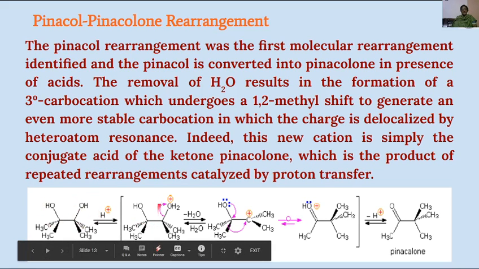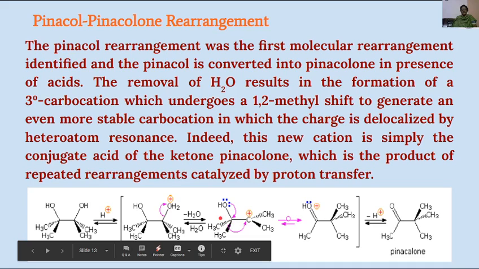In the next step, which is a reversible step, there is elimination of a water molecule. Then there is the formation of a tertiary carbocation. We know the tertiary carbocation is a stable cation.